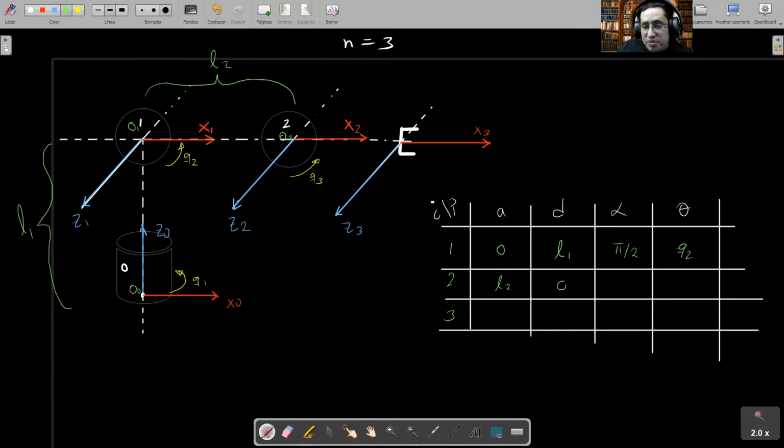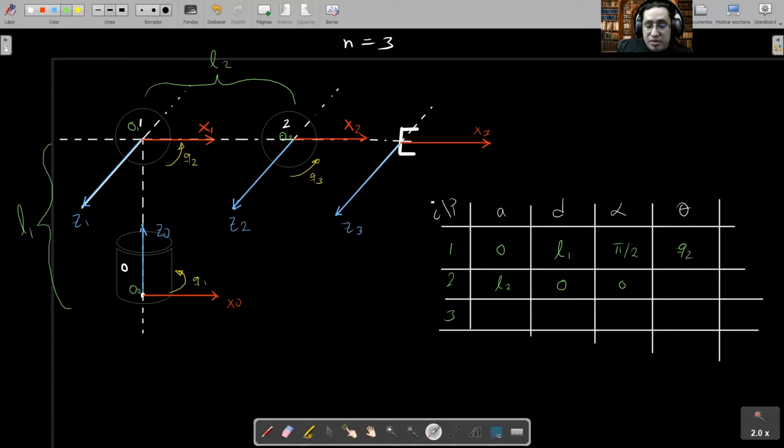And as in the previous case, the distance is going to be 0 if the point is the same. Okay, alpha is the angle we need to rotate about X2 such that theta 2 and theta 1 are aligned or are parallel. And this is going to be 0 because both are actually parallel.